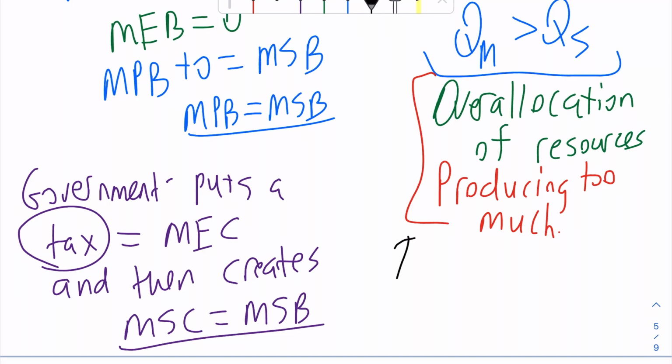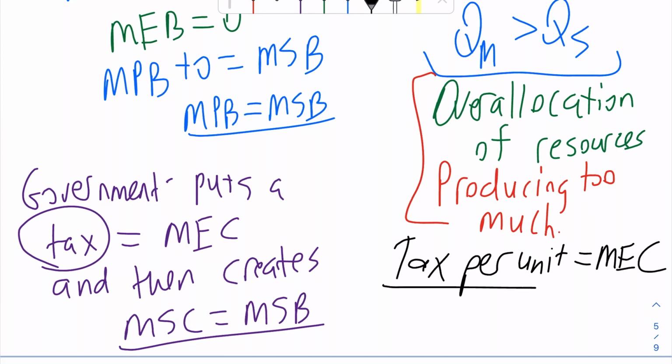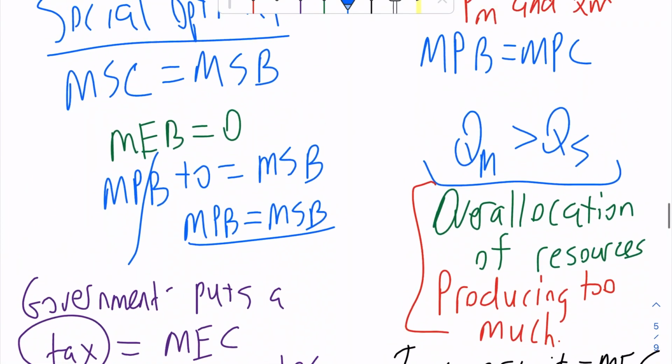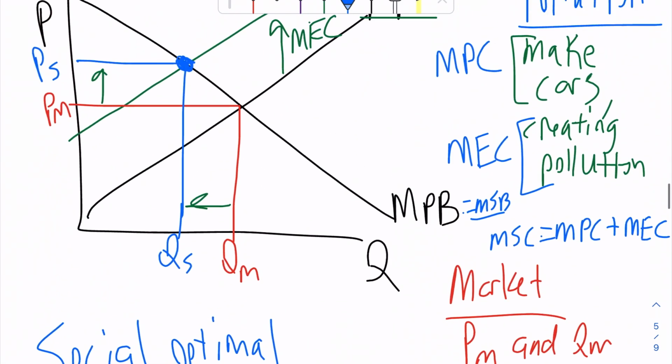Your tax per unit would be equal to your marginal external cost if you have a negative externality. So that would be the graph for a negative externality.